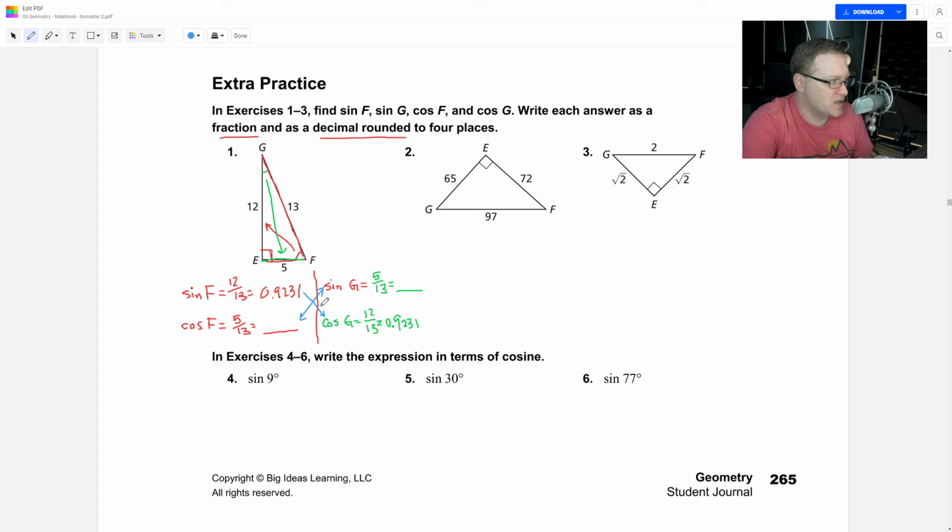These are the same. The sine of one acute angle of a right triangle is always going to equal the cosine of the other acute angle of the right triangle, and vice versa.